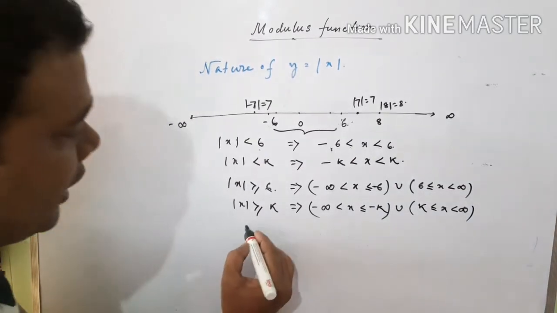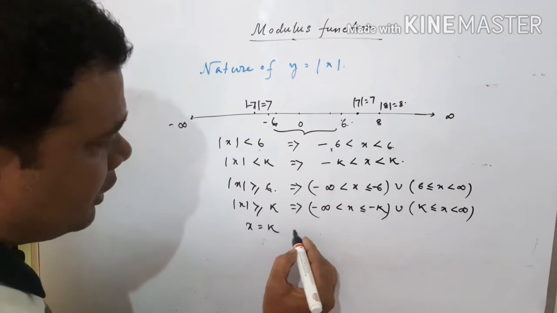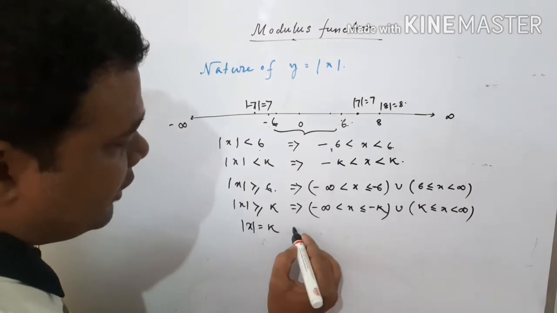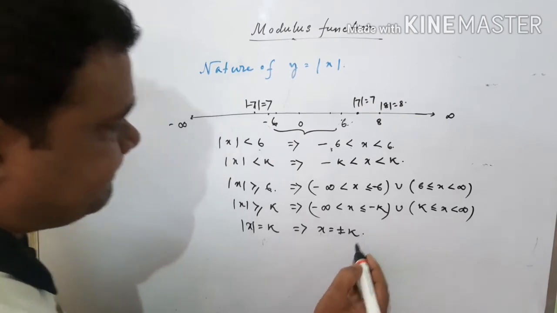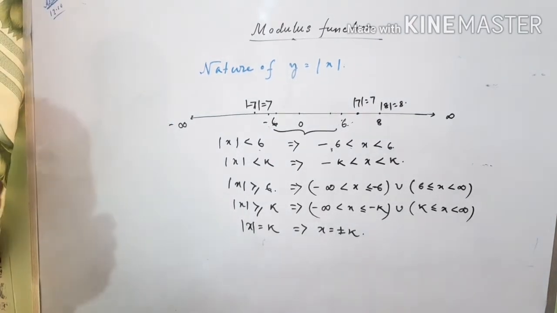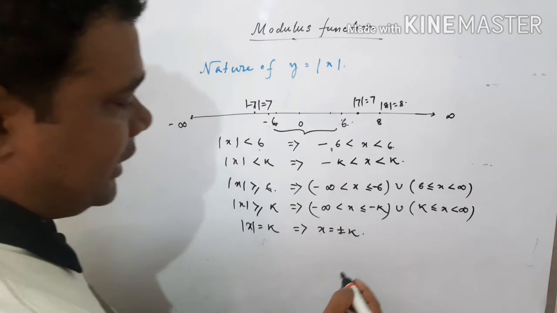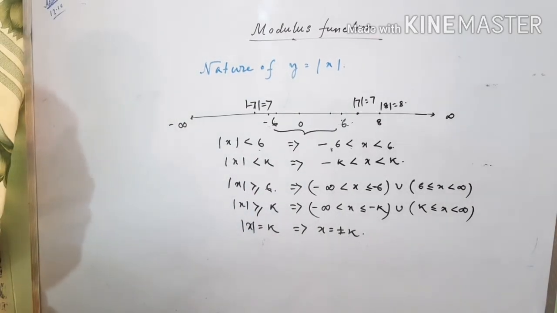Again if we take mod x equal to k, then what does it mean? It implies that x equals plus or minus k. Clear? Remember, where k is any non-negative value.